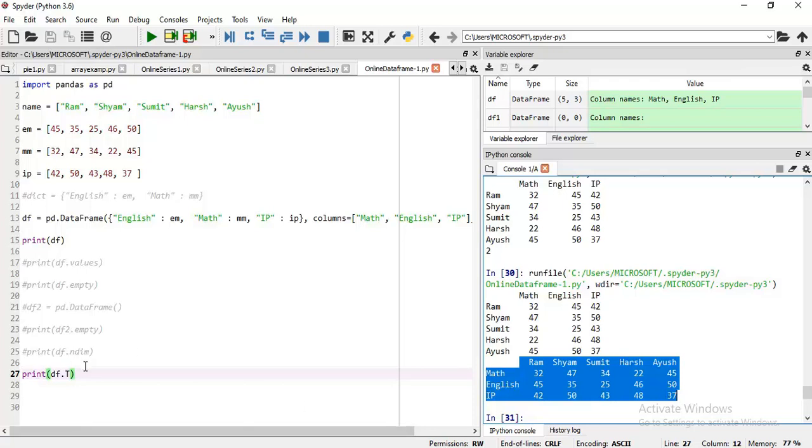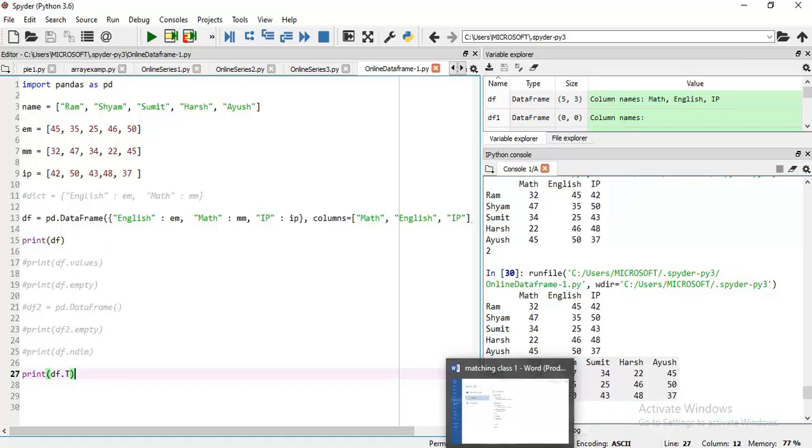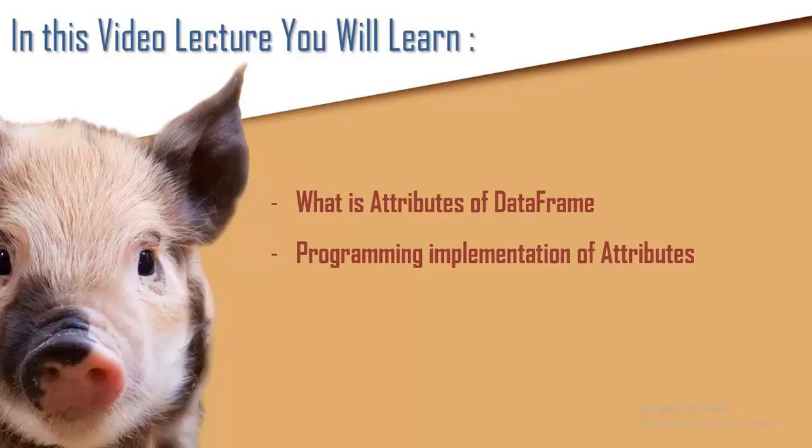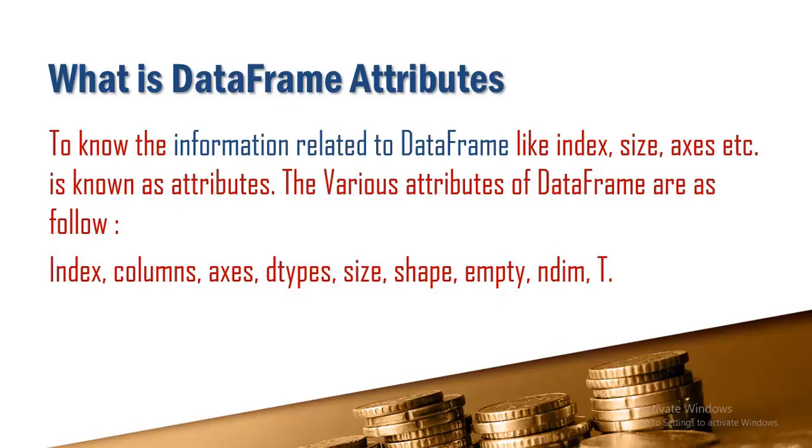This is called transpose. My dear student, in this video lecture, what you have learned is what attributes are. Attributes help us know about the data frame, what its columns and axes are.